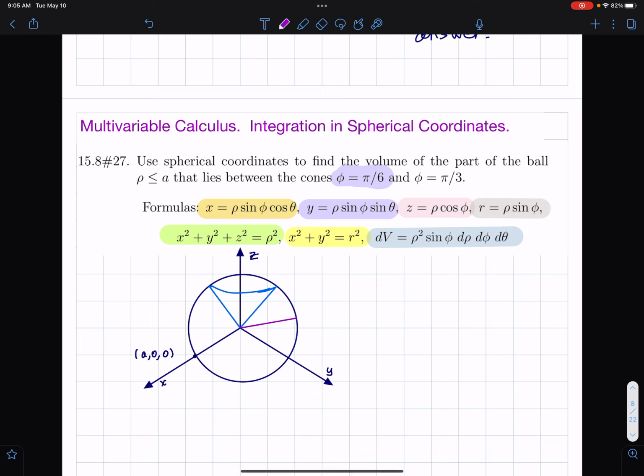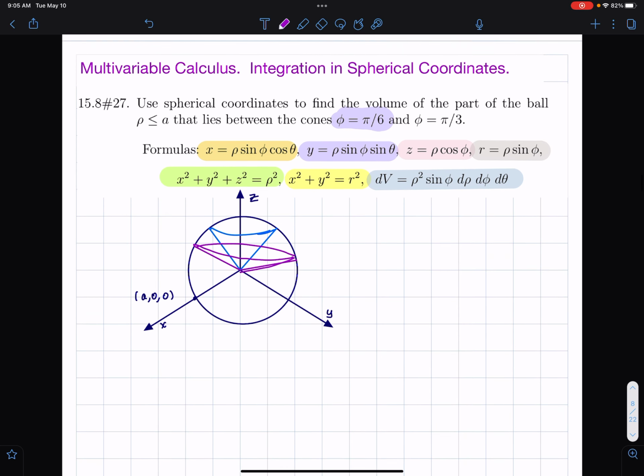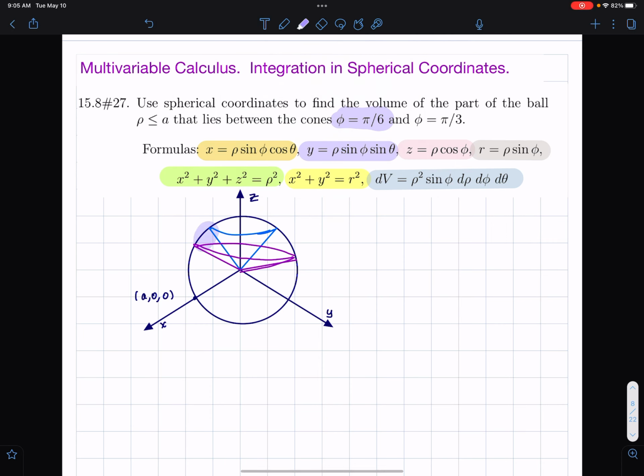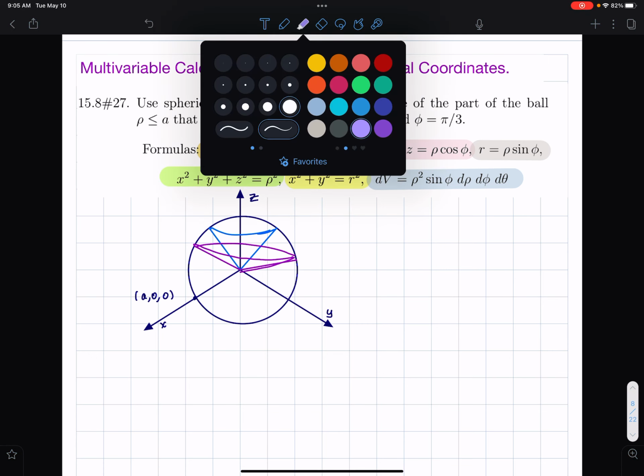So it has to lie within the ball and within these two cones. It's not as gorgeous a picture as I'd like, but it's the region between those two.